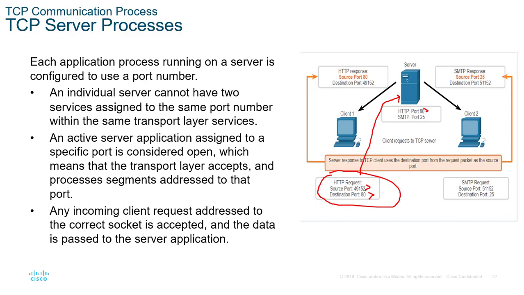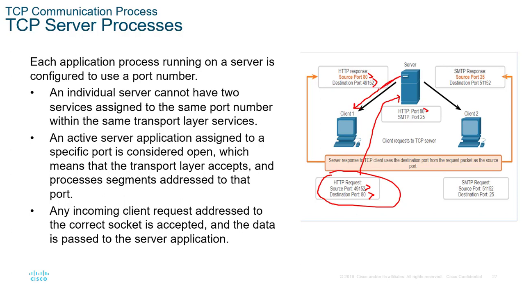Now the server, when it responds, is responding using its port number 80, and when it responds to the client's IP address, it will reverse the port numbers. So what was the random source port when the client spoke to the server now becomes the destination port.